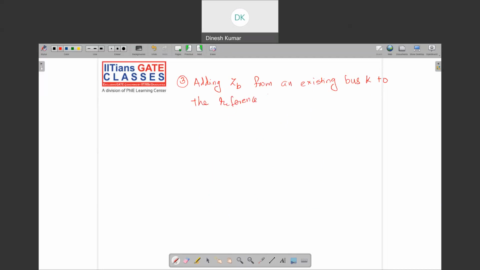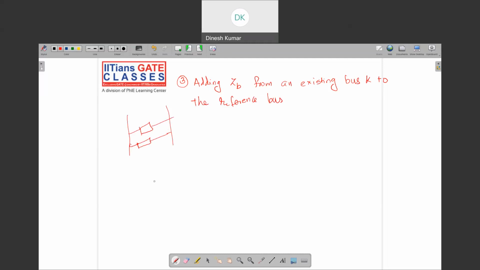So here, what is happening is no new buses are added. Initially this is a bus K, this is the reference bus. Something was there. Now we are adding one more thing here. That's all. So this is what is actually happening.